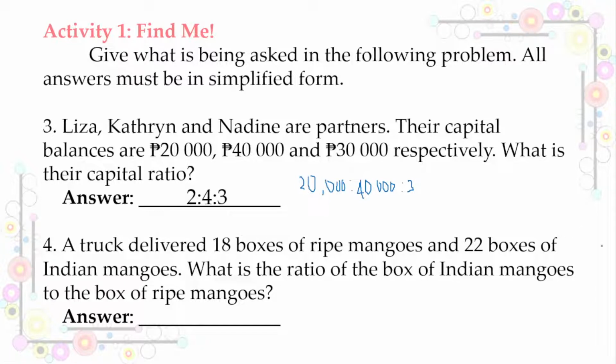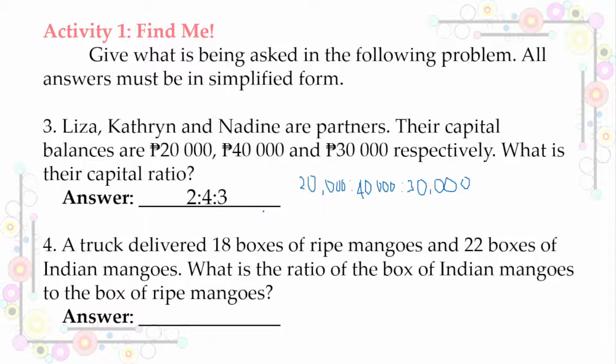Now, to simplify it, we divide all by 10,000. So, 20,000 divided by 10,000, we get 2. 40,000 divided by 10,000, we get 4. And 30,000 divided by 10,000 is 3. So, the answer is 2:4:3.